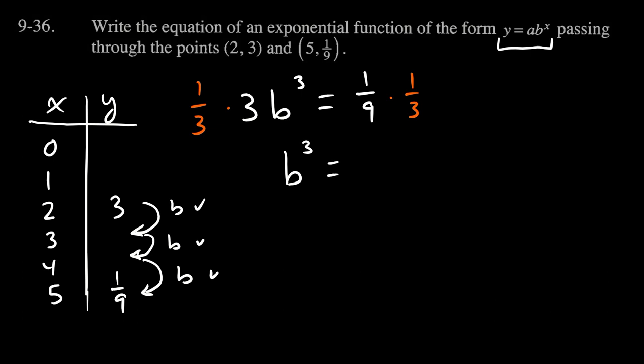On the right-hand side, this is 1 in my numerator and 27 in the denominator. So we could either take the cube root of both sides, or we could raise both sides to the 1/3 power. Let's do that. Let's raise each side to the 1/3 power.